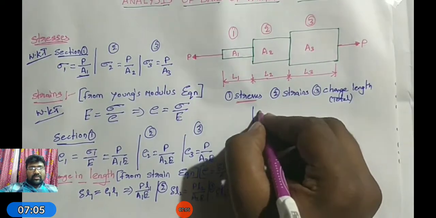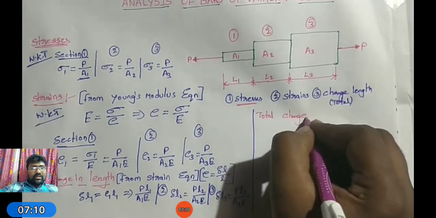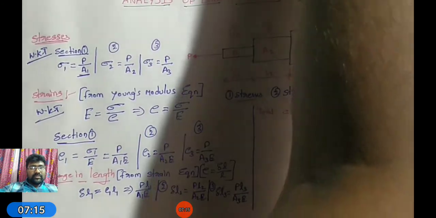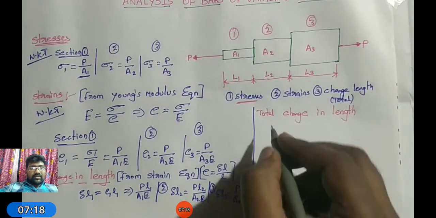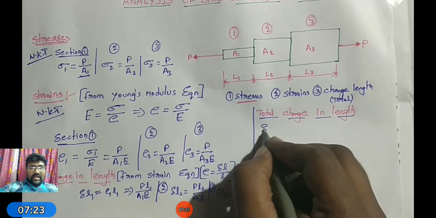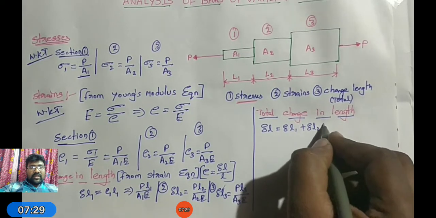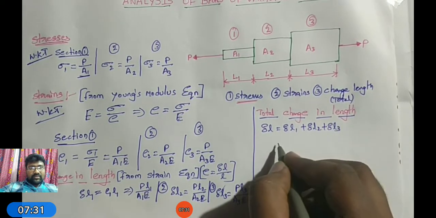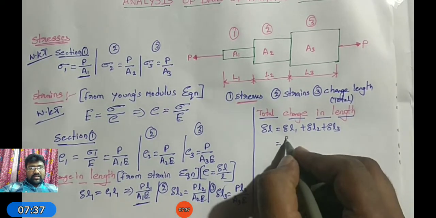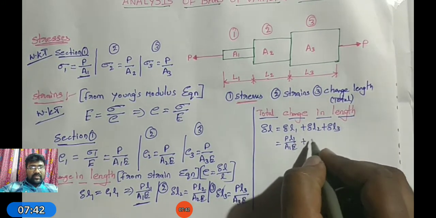Now calculate the total elongation in the rod due to the applied load, that is delta L is equal to delta L1 plus delta L2 plus delta L3. Substitute all these changes in length of section 1, section 2 and section 3 in this equation.